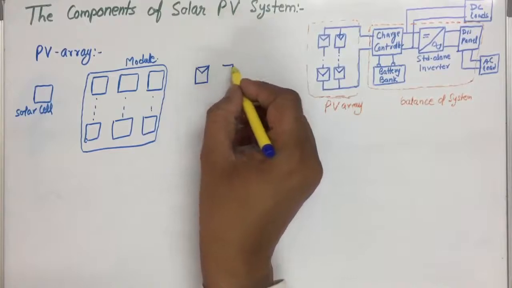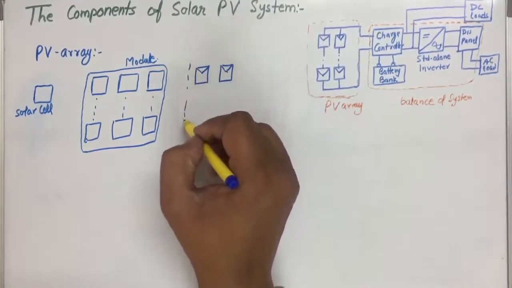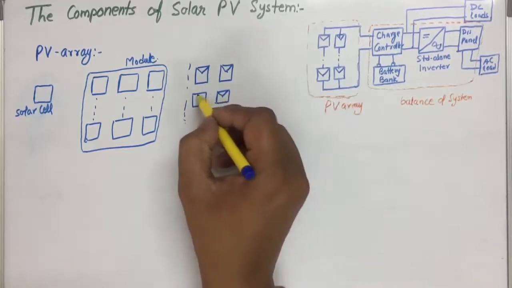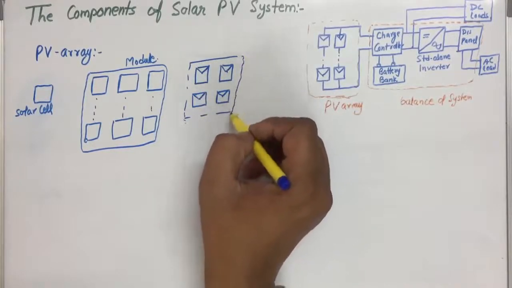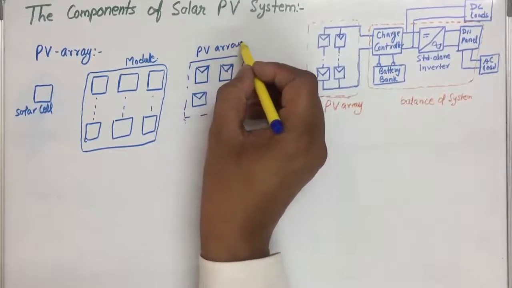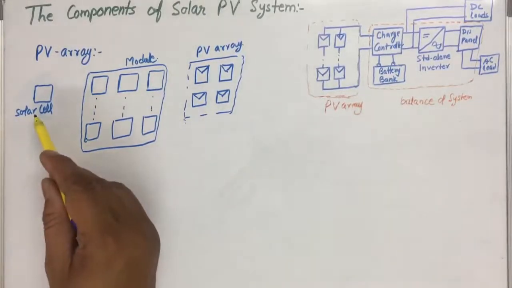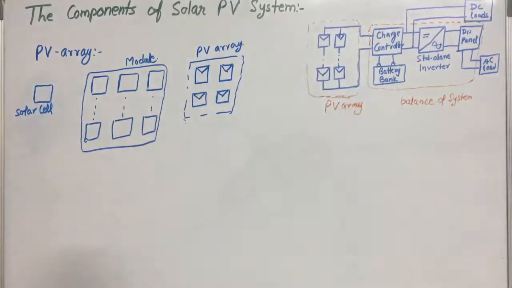This is one module, another module, and so on. Okay, and there are different ways in which cells, modules are connected to form array.